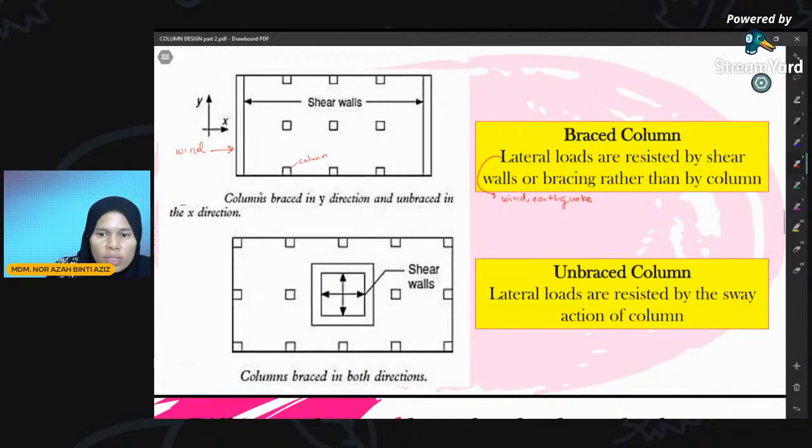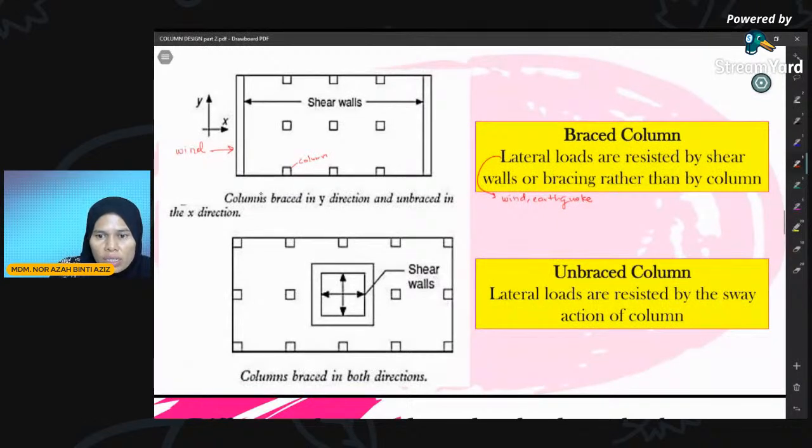And unbraced columns occur in x direction. You see, in x direction there is no shear wall, so in x direction the columns are unbraced.